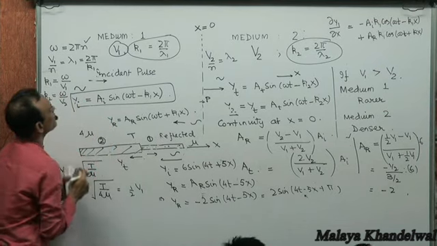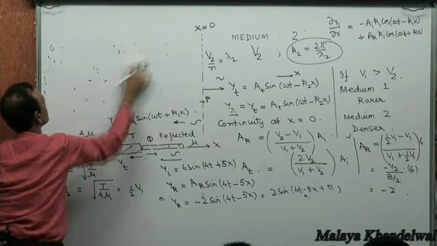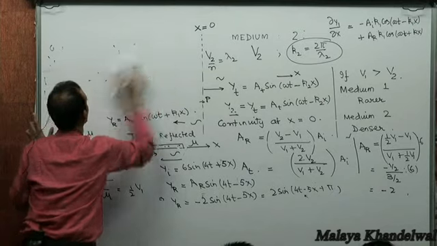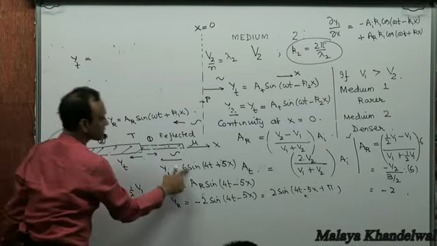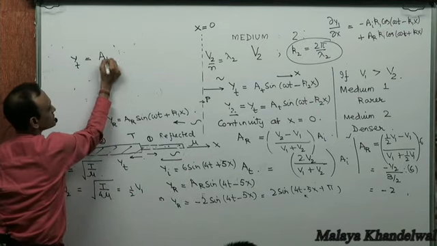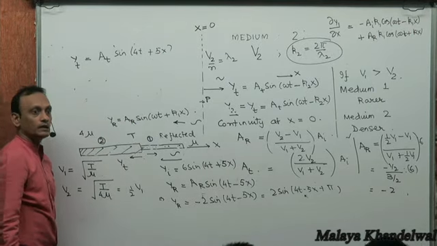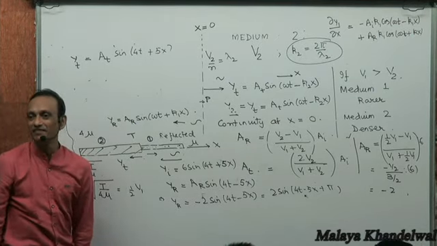So the transmitted pulse could be written as y of the transmitted pulse equals the amplitude of the transmitted pulse times sin(4t plus 5x), because the transmitted pulse also travels in the negative x direction. Omega remains the same, but k changes. Yeah, I made a mistake. K will not be the same. It will not be 5x anymore.